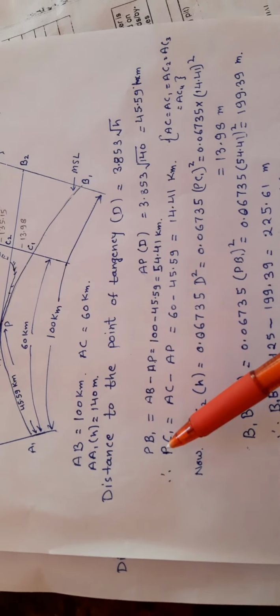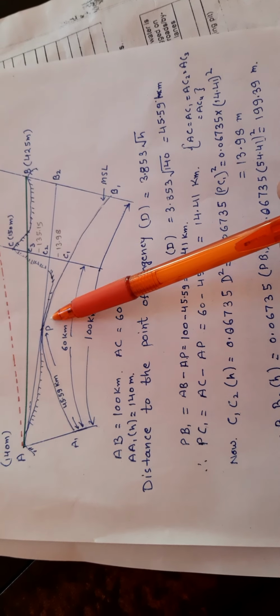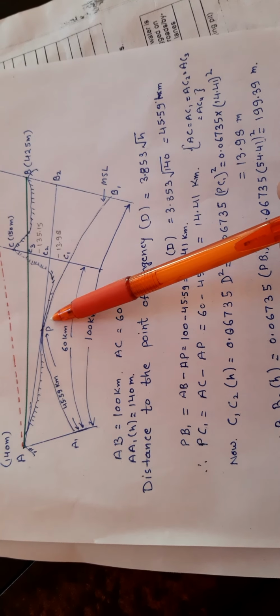By this we get value of PB1. PB1 is AB minus AP, 100 minus 45.59. This comes 54.41 kilometer. Similarly, PC1 is equal to AC minus AP, 60 minus 45.59, 14.41 kilometer.